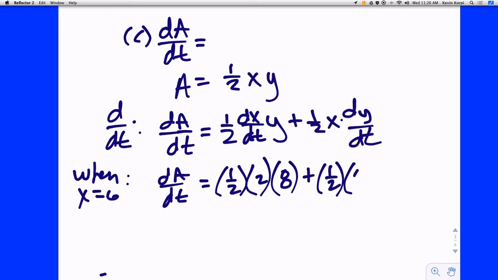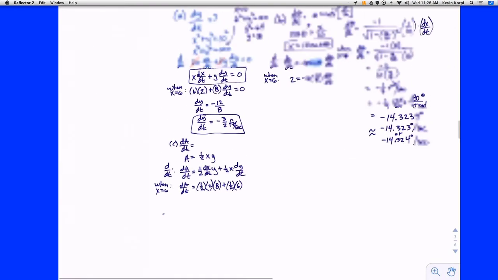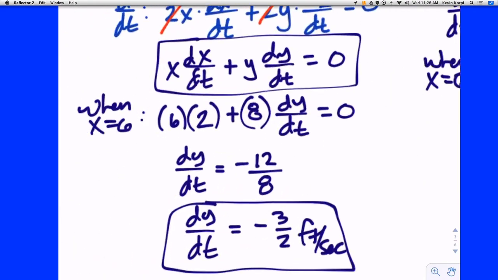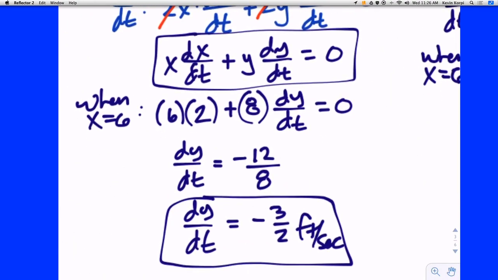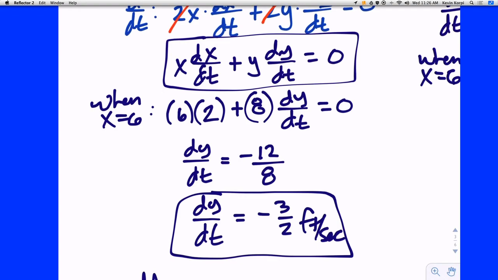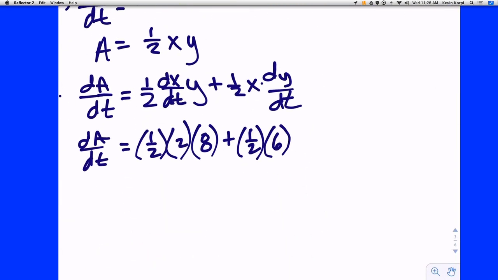We know x at the moment is 6. And darn it, we need dy/dt. We need to know how fast the ladder was sliding down the wall. Do we have that? Yeah, we actually discovered that right up here in part A. So if I really wanted to know how fast the area was changing and I hadn't done this calculation yet, I would need to go off to the side somewhere and do that. -3/2. Good thing we did it first.